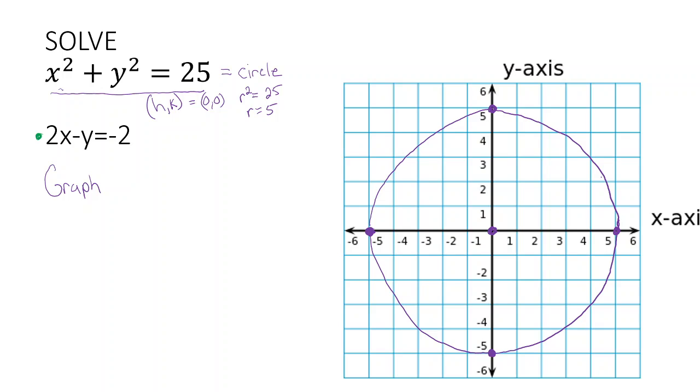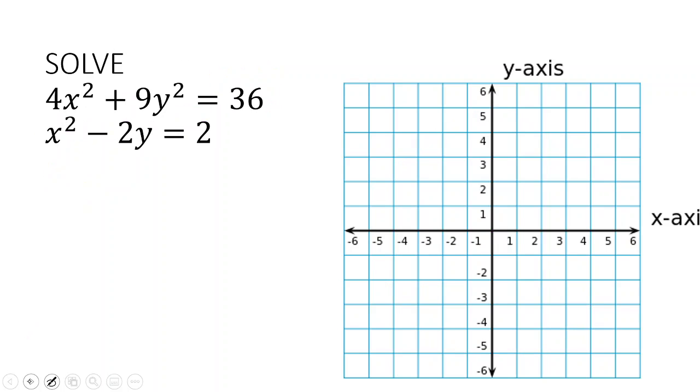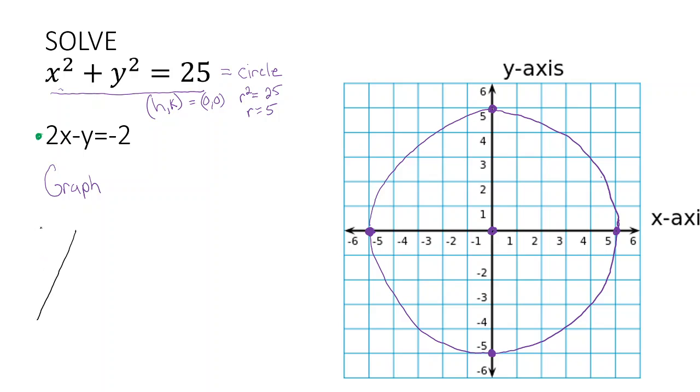So yesterday when we were talking about the different types of conic sections, we had a cone, and with the cone, we have a line that goes like that. So not only is the circle a conic section, but the line is also a conic section.